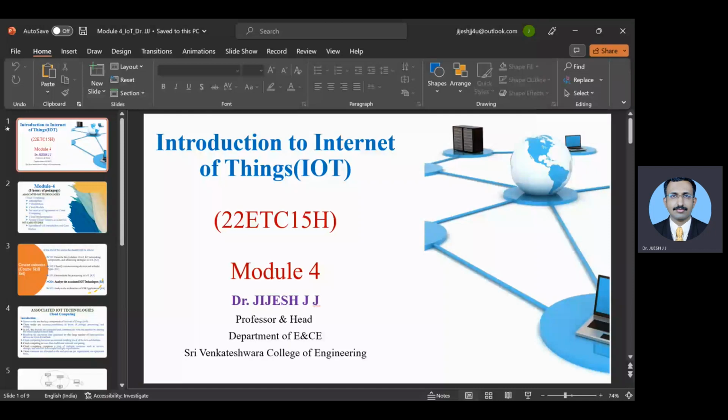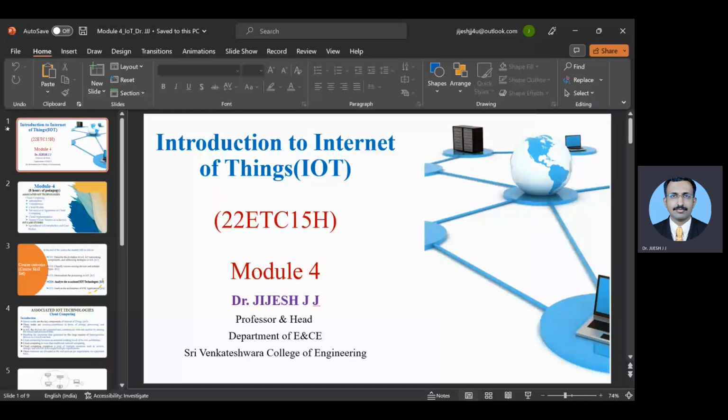In cloud computing, what are the topics we are going to discuss? We will be going with introduction, then virtualization, then cloud models, and further service level agreement in cloud computing, and cloud implementation, and sensor cloud, sensors as a service.